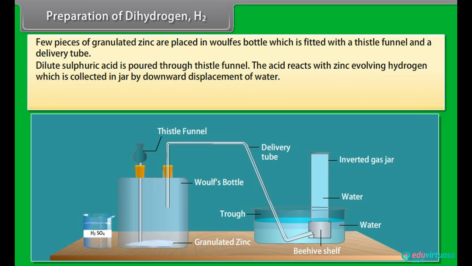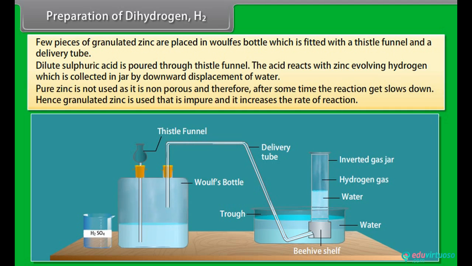Dilute sulfuric acid is poured through the thistle funnel. The acid reacts with zinc, evolving hydrogen, which is collected in a jar by downward displacement of water. Pure zinc is not used as it is non-porous and therefore, after some time, the reaction slows down. Hence, granulated zinc is used that is impure and it increases the rate of reaction.